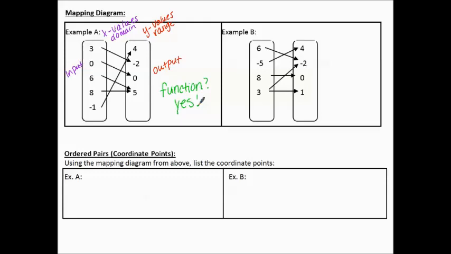Let's look at that same situation, but in ordered pairs. When I take my mapping and put it into ordered pairs, I follow those arrows from input to output, from domain to range. So I'm going to open my parentheses for my coordinates. I'm going to go from 3 to -2. Next, I look at my 0, follow my arrow to 0.